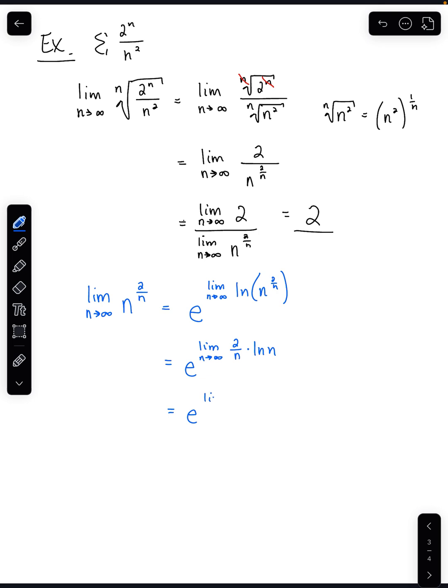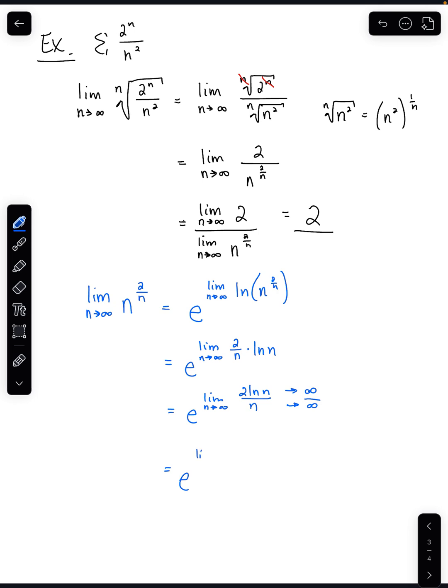This can be further rewritten as e to the limit as n approaches infinity of 2 ln of n over n, which, of course, approaches infinity in the top and bottom, and therefore would require L'Hopital's rule.